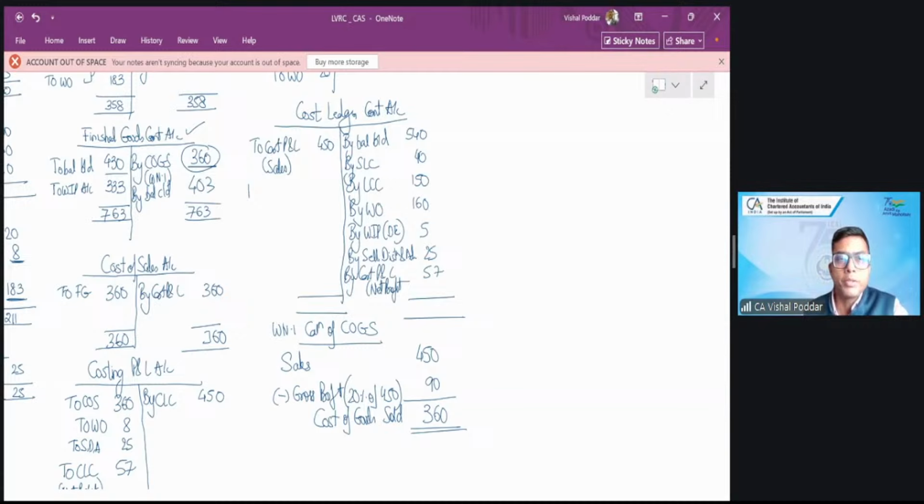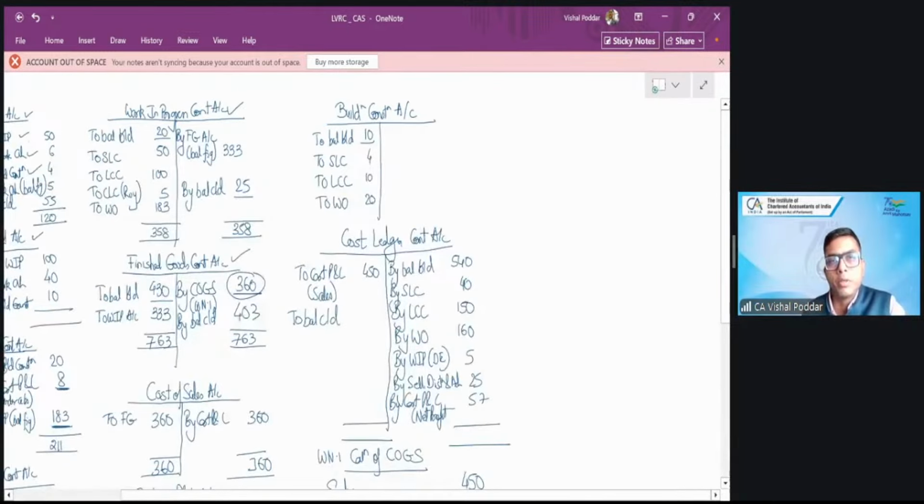I'll get the balance. But before that, sorry, I didn't see one account is left. What are they saying? During the year, this building is complete. Now, when the building is complete, it is transferred to CLC because CLC represents all assets and liabilities.